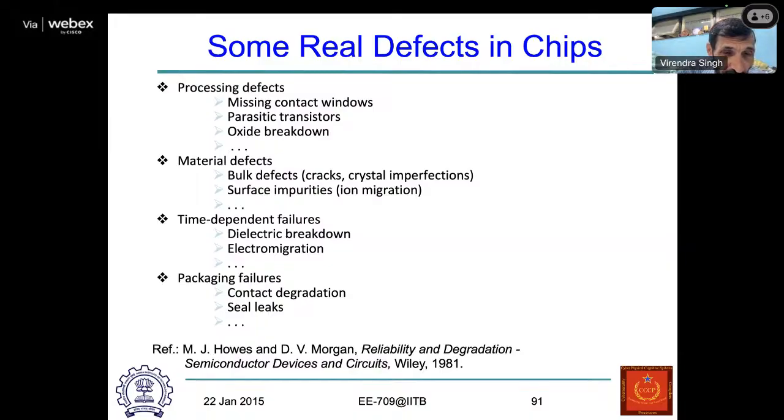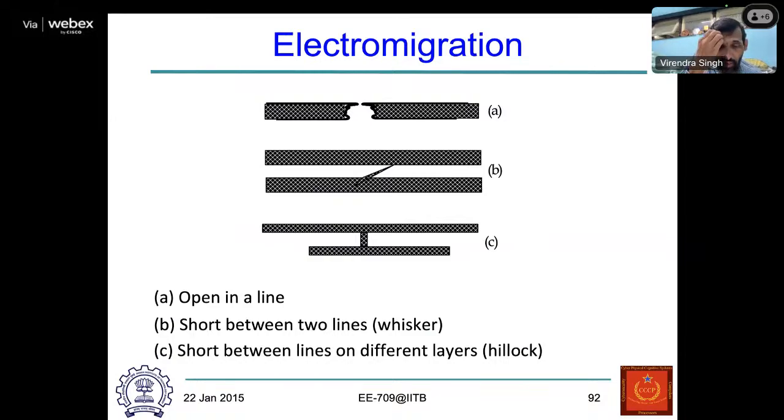Or there can be a packaging failure, like a degradation in the contact, or a seal that can be leaked or something like that. So the defect can happen because, say, electromigration can take away the metal which is there at some point.